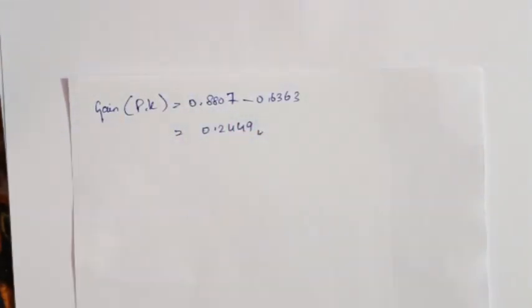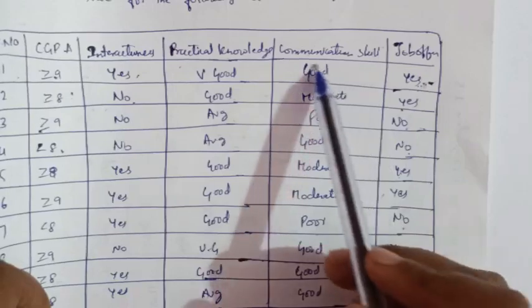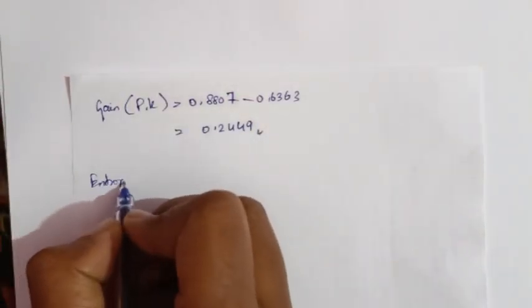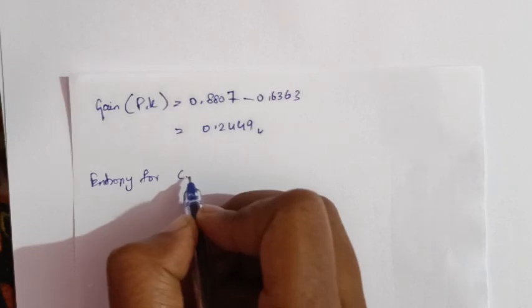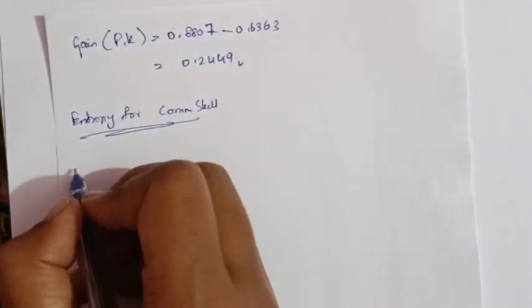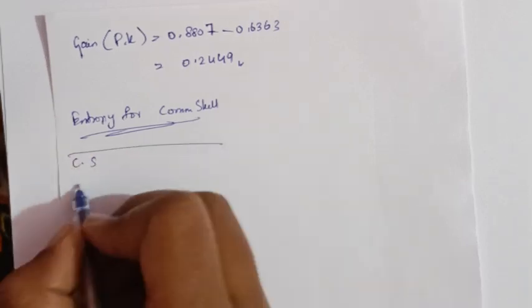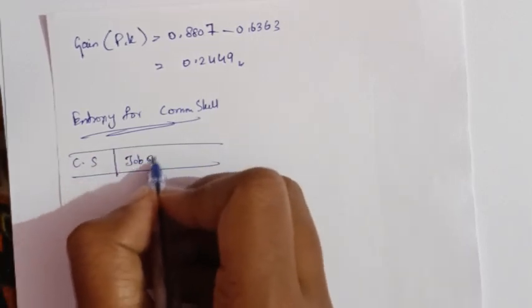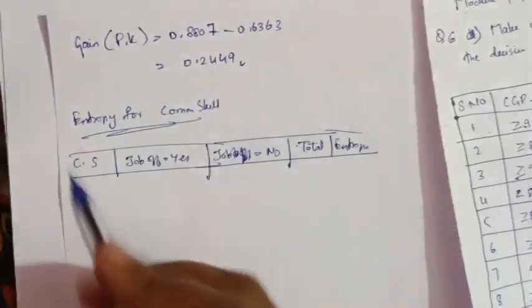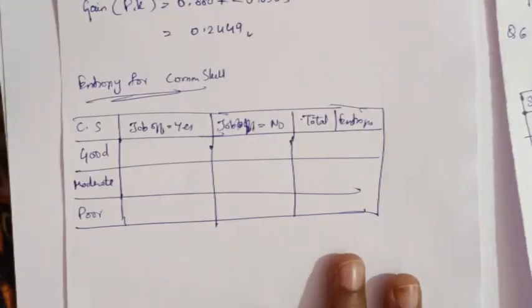Now entropy for the last attribute, that is communication skill. In this we have 3 types of instances: good, moderate and poor. Now you have to check here.